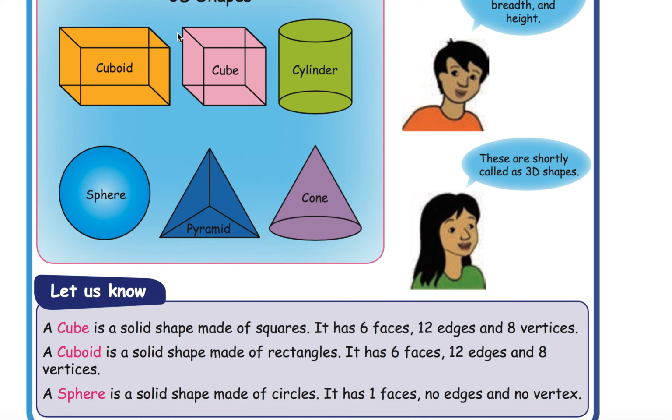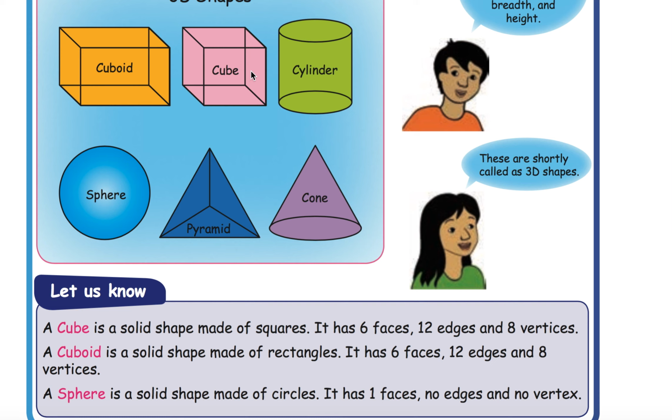Is it difficult to find it out? 1, 2, 3, 4. Right. 5, 6. Right. 7, 8. 4 more are there but not visible, right? If you have a simple dice, you see how many edges it has.